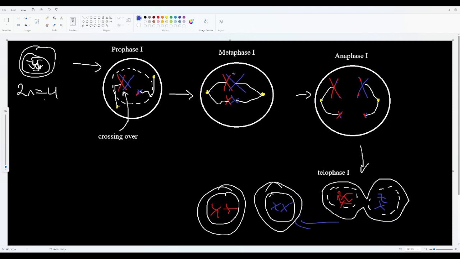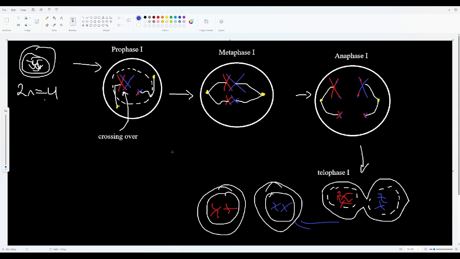During metaphase and anaphase, we're splitting apart homologous chromosomes. Homologous chromosomes, despite being similar, are still both chromosomes. They still both count as their own chromosomes. Chromatids do not count as their own chromosomes until they are split apart.